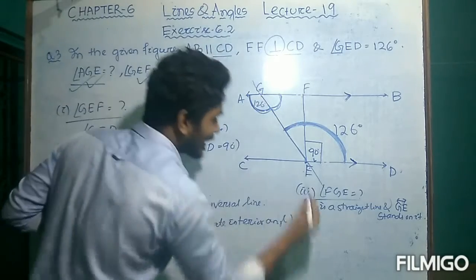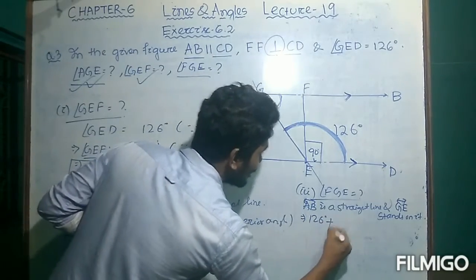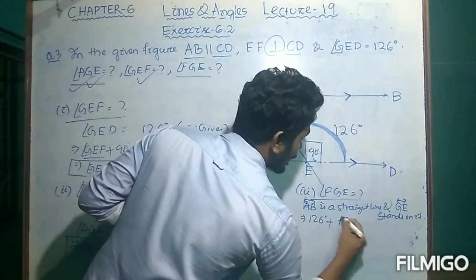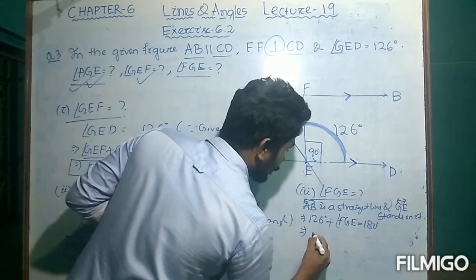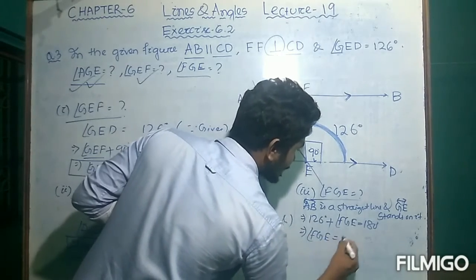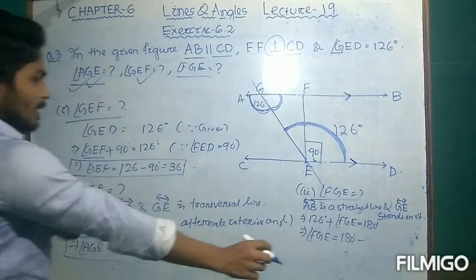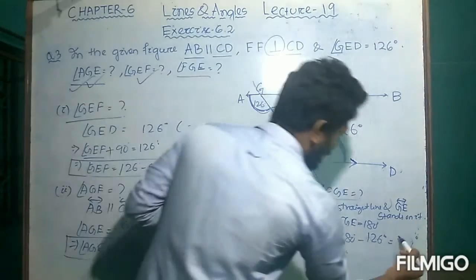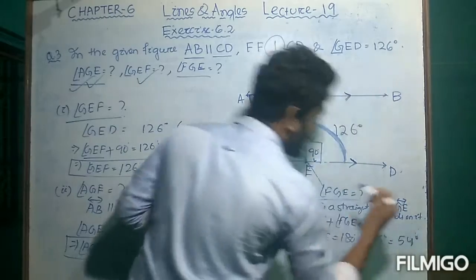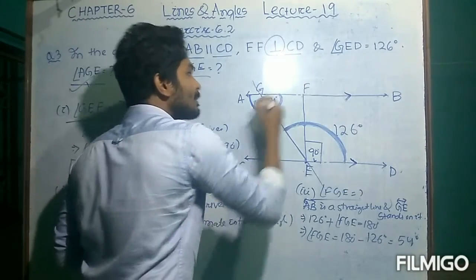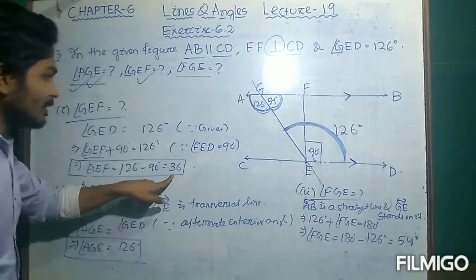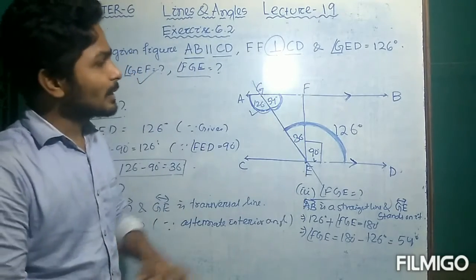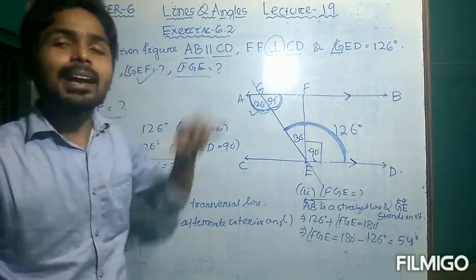So we can write this angle, that means 126 degrees, plus this angle FGE is equal to 180 degrees. So the angle FGE is equal to 180 degrees minus 126 degrees, that is equal to 54 degrees. Hence we find the value of this angle is 54 degrees. We have already found the value of this angle is 36 degrees, and the value of this angle is 126 degrees. So in this way you can find the value of all these three angles.